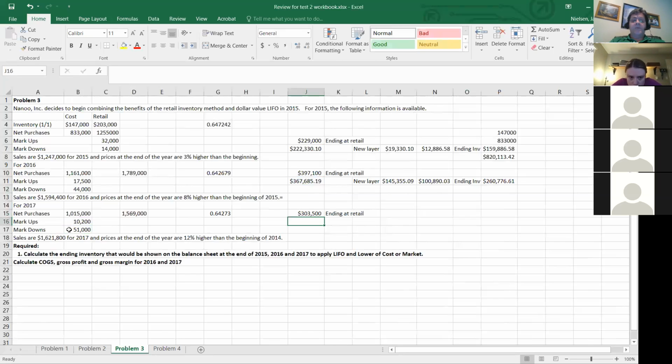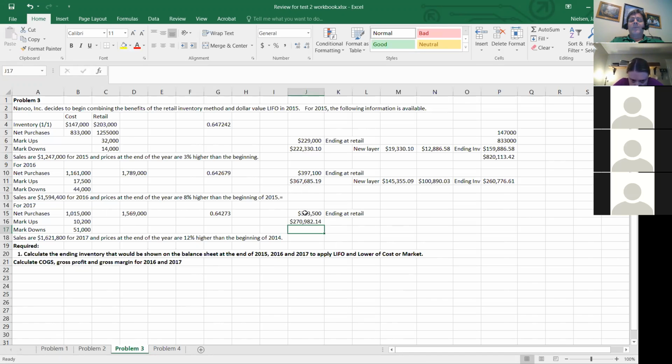I have a feeling we're missing some layers, but before we know for sure, we have to take out the inflation by dividing by 1.12. That was our new inflation, our 12% higher. So with inflation taken out at retail, it's 270,982. All right. So that's not more than this. So there's not a new layer. It's less than the year before.